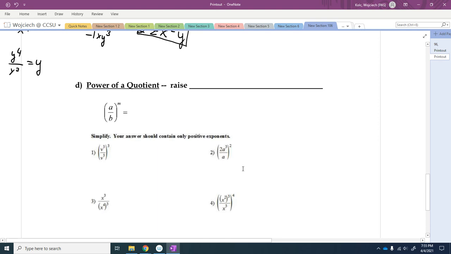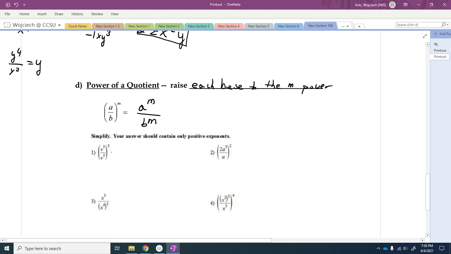Okay, finally, the fourth part of the lesson is power of a quotient. Raise each base to the n power. So this means a to the m over b to the m.